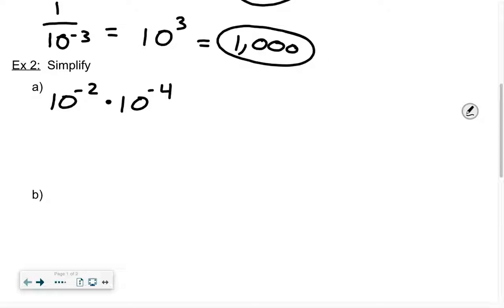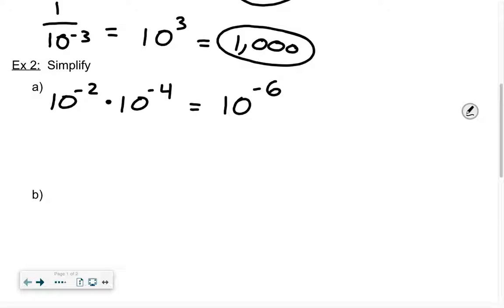If we say we have 10 to the negative second and 10 to the negative fourth, we said with our negative exponent rule that if it's negative, we want to get rid of it. But in this particular case, we can actually add these two, correct? Because we have common bases and we're multiplying. So negative 2 plus negative 4 will get me 10 to the negative sixth. And now I have just one base and one exponent.